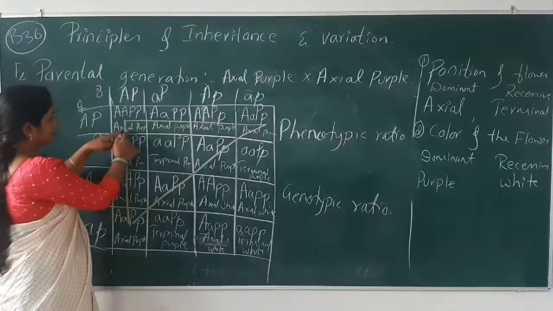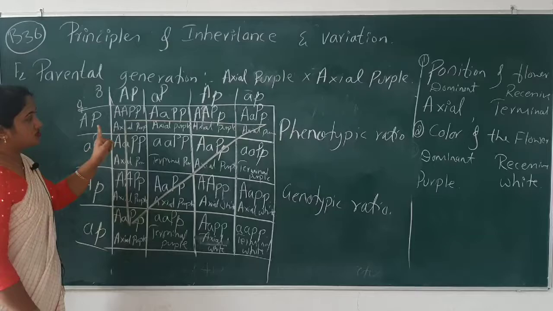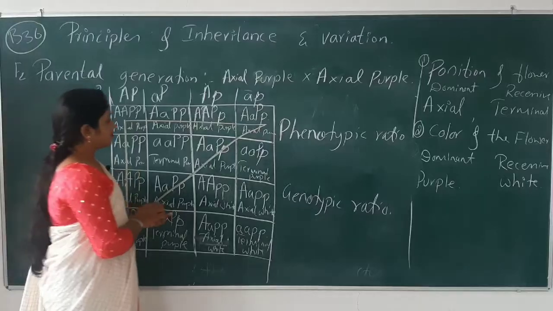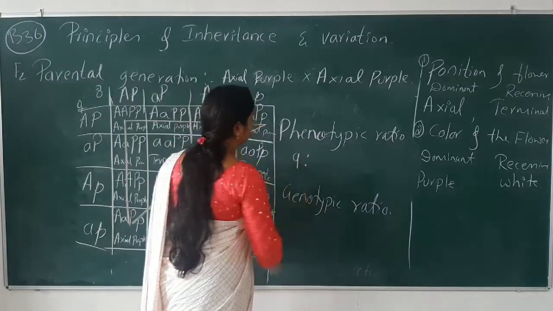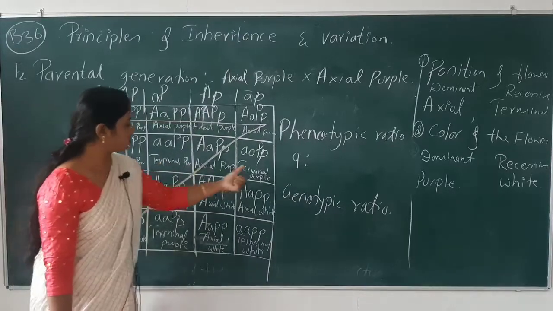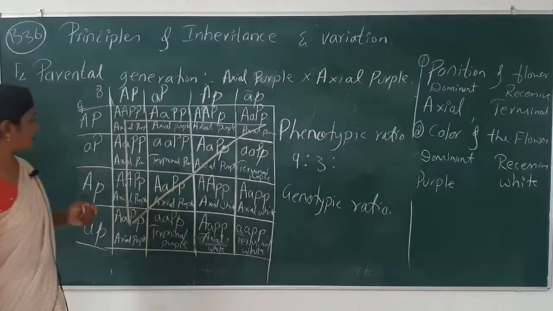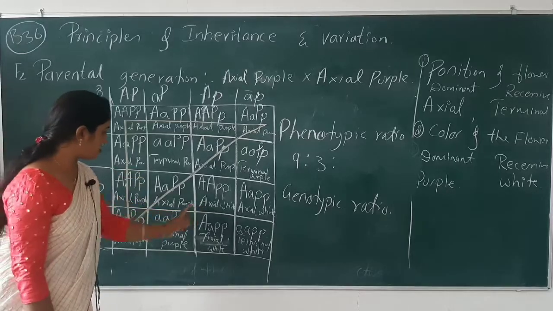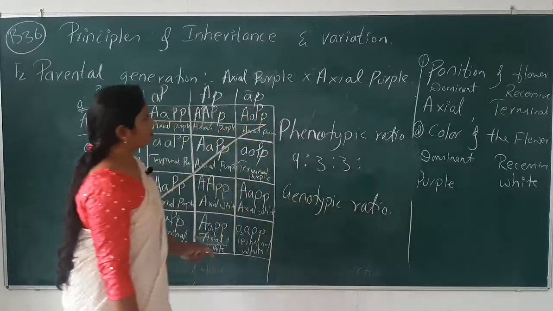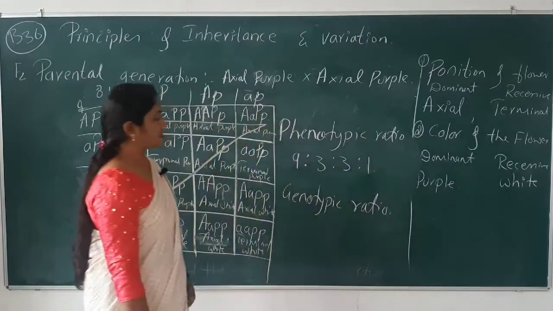Just look at this line, 1, 2, 3, 4, 5, 6, 7, 8, 9. So all the 9 offspring will have axial and purple color. 9 is to terminal purple. How many terminal purples are there? 1, 2, 3. How many axial white are there? 1, 2, 3. How many terminal whites are there? Only 1.